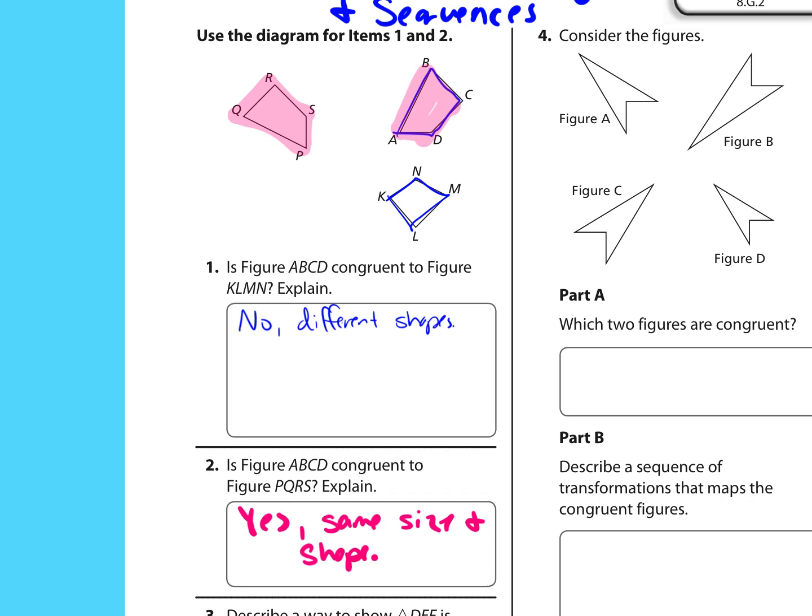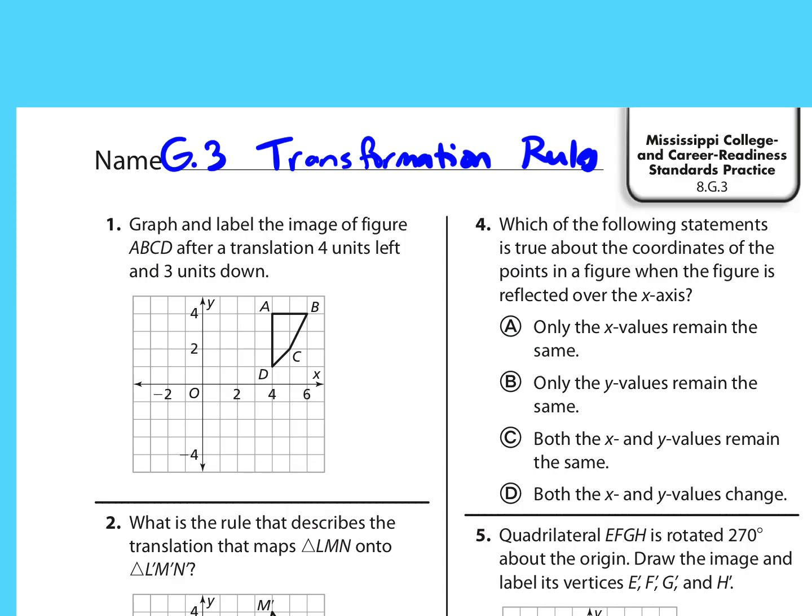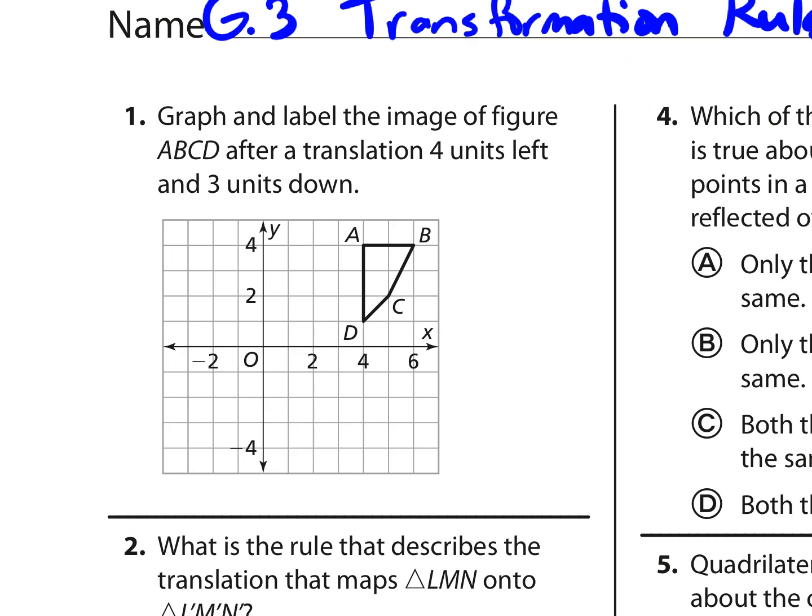Standard G3 focuses on transformation rules. So looking at number 1, it says graph and label the image of figure ABCD after a translation 4 units left and 3 units down. So it says (x, y) goes to (x minus 4, y minus 3). We could actually just count these, however.